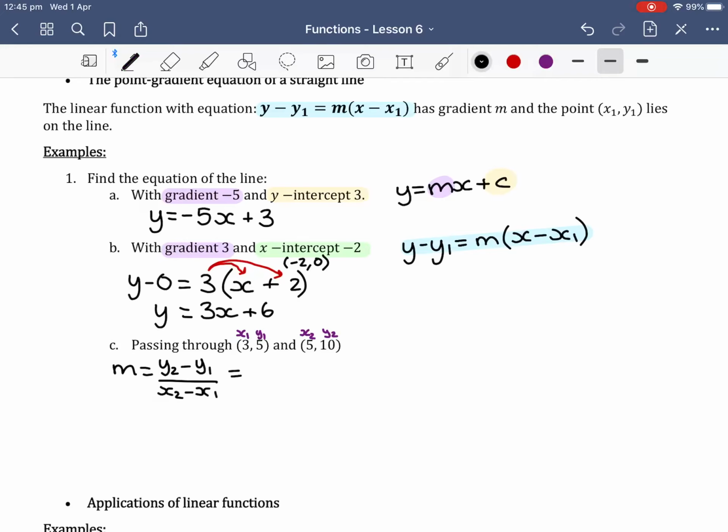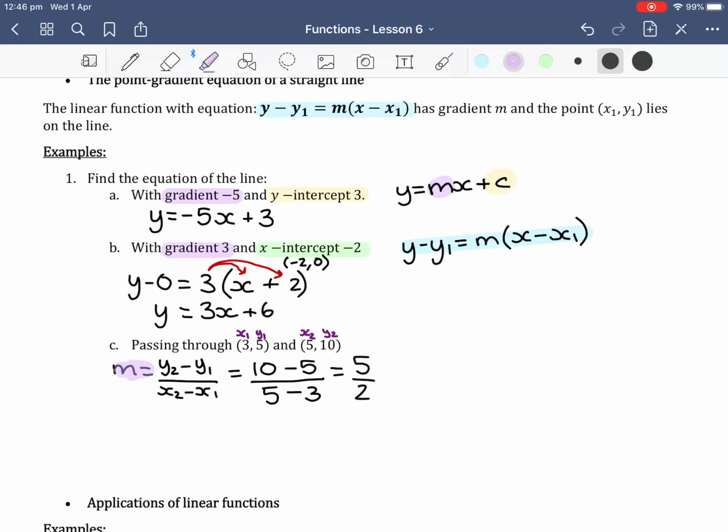So now we're going to sub these points into our formula. So it will be our y2 is 10 minus our y1 of 5 over our x2 of 5 minus our x1 of 3. So 10 minus 5 is 5 over 5 minus 3 is 2.